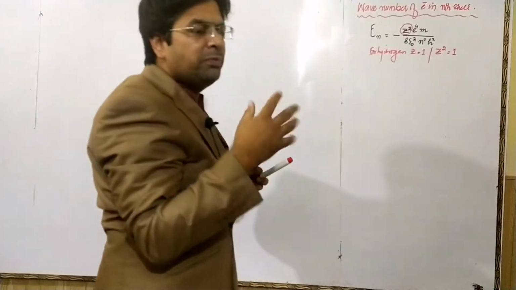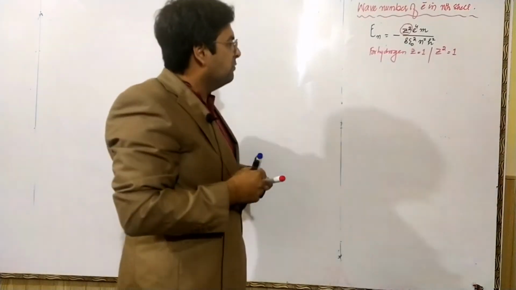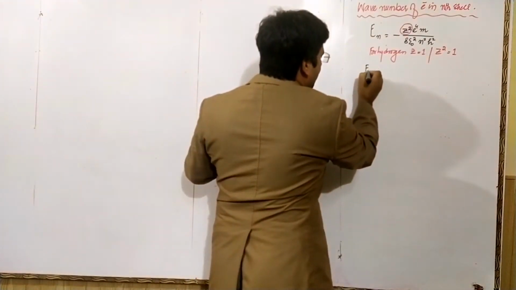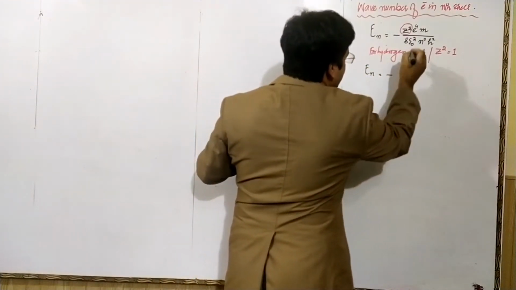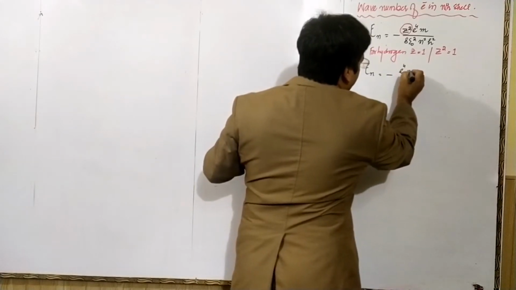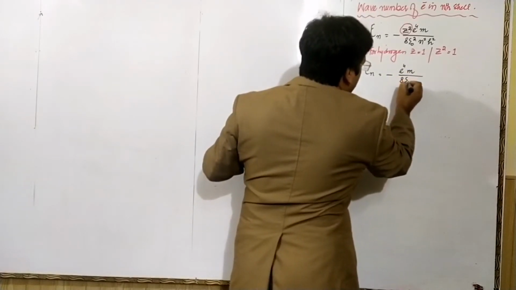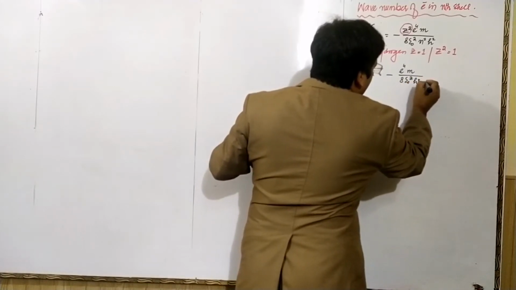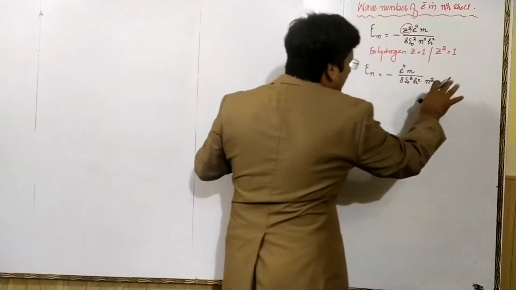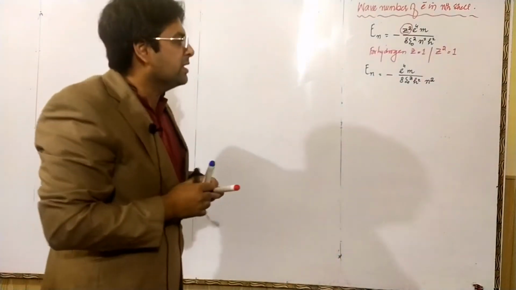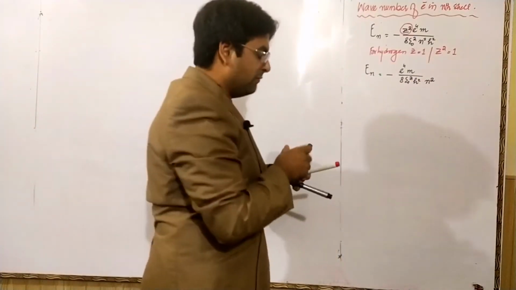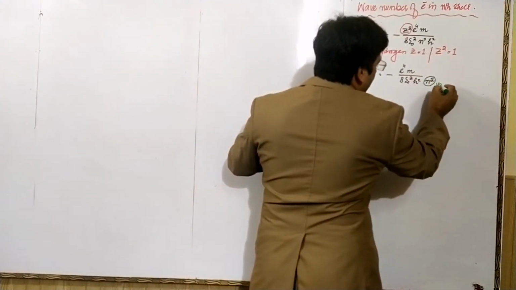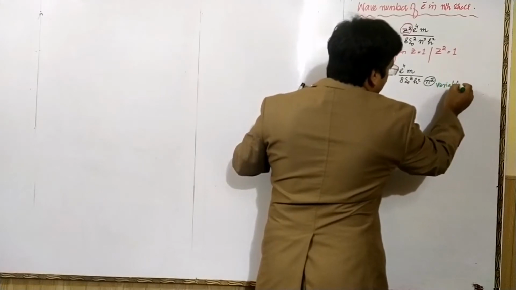So eliminating the factor of Z, the energy of the nth shell will be minus e^4 m over 8 epsilon naught square h square, and I have written n square separately because it is variable. All other factors are constant.